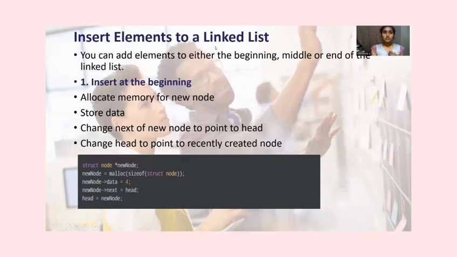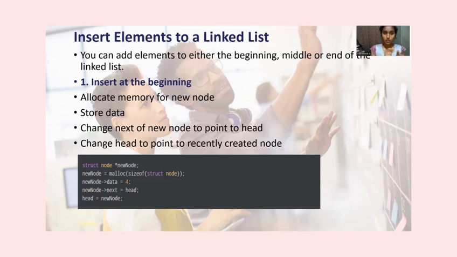Insert elements to a linked list. Here you can add elements to either the beginning, middle or end of the linked list. First, insert at the beginning. Allocate memory for a new node, then store data, then change next of the new node to point to head.